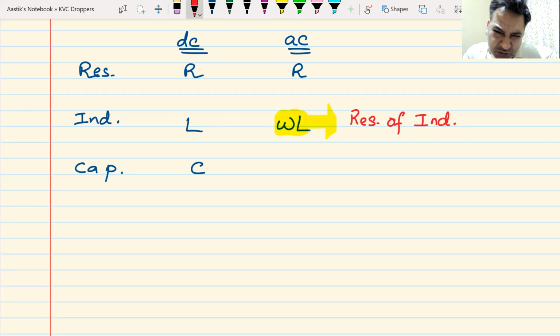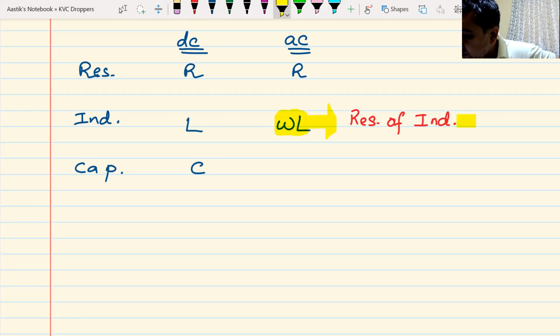But it does not look good to call it the resistance of the inductor. Instead, we call it by a different name: inductive reactance. Inductive reactance.